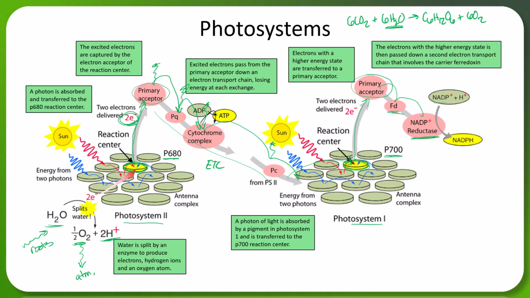NADP plus is going to take a hydrogen ion that is floating around in this space that was split off of water, as well as the pair of electrons that just went down this electron transport chain to become NADPH. So NADP plus, this hydrogen ion, plus this pair of electrons is going to convert, utilizing this enzyme, into NADPH. NADPH is going to be off to the Calvin cycle. That is one of the reactants of the Calvin cycle and is one of the products of this particular system.